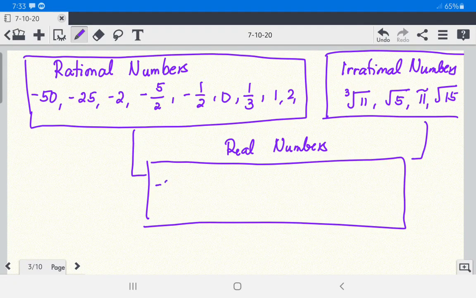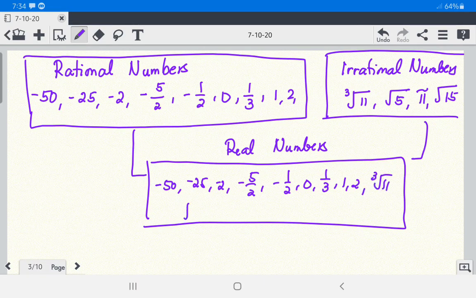We have negative 50, negative 25, negative 2, negative 5 over 2, negative 1/2, 0, 1/3, 1, 2, then cube root of 11, square root of 5, pi, square root of 15. Okay? Let's start with the first example.